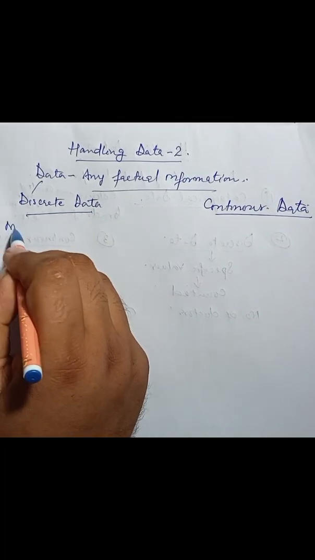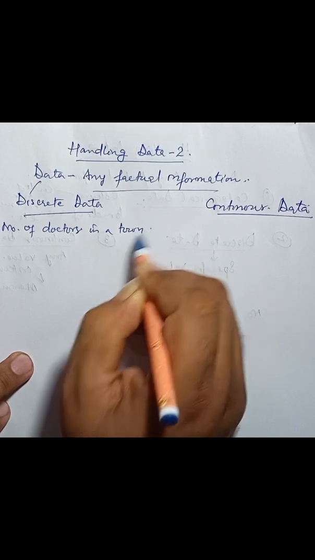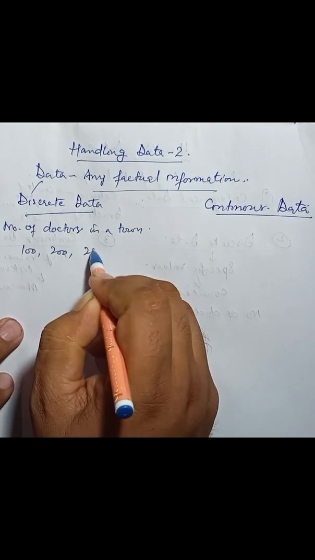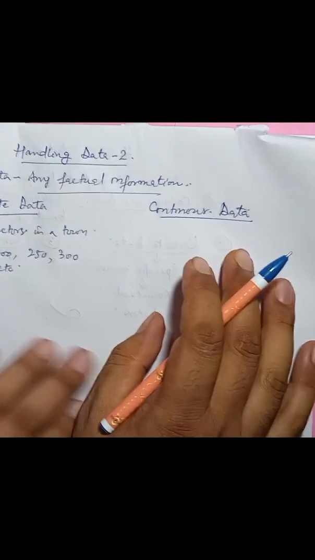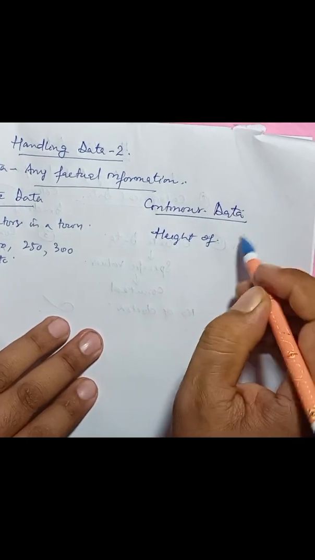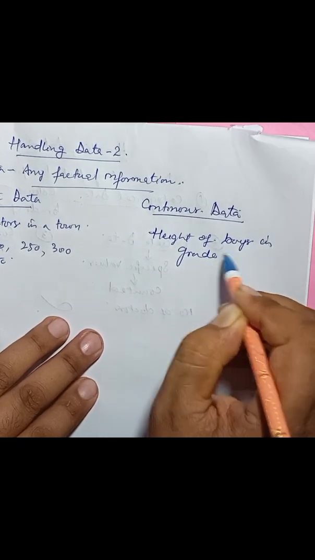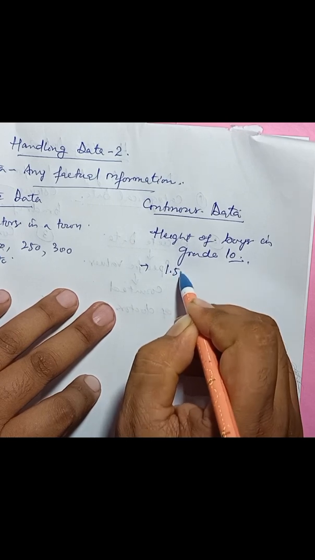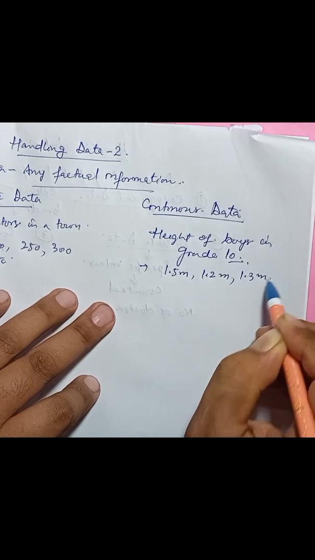If I have to write the number of doctors in a town, either it will be 100, 200, 250, 300, etc. On the other hand, if I write the height of boys in grade 10, it may be 1.5 meter, 1.2 meter, 1.3 meter.